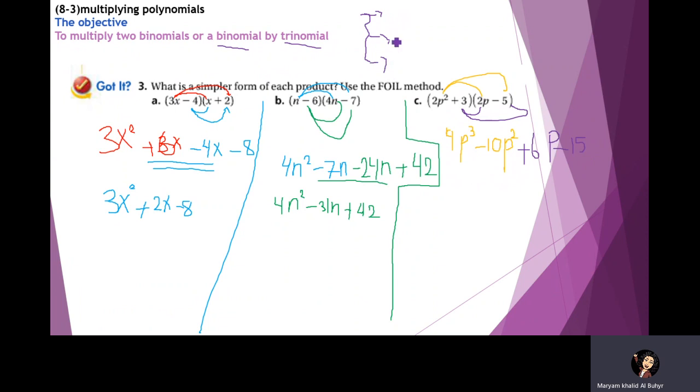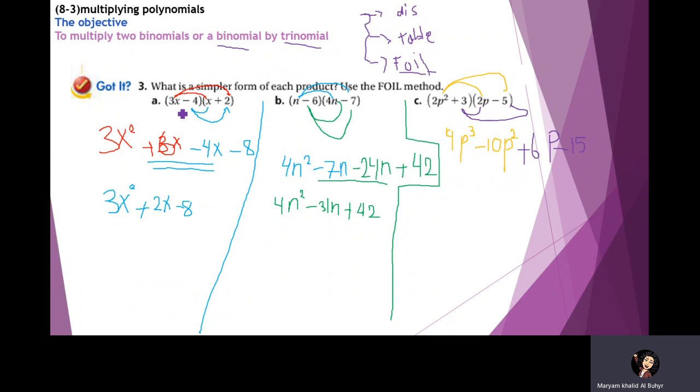You can solve it by using the distributive property, or you can make a table, or you can finally use this way, which is FOIL. First, outer, inner, last, which you don't need to memorize.